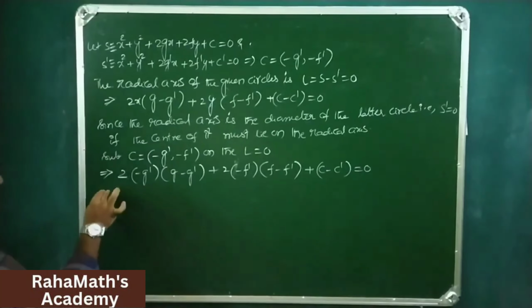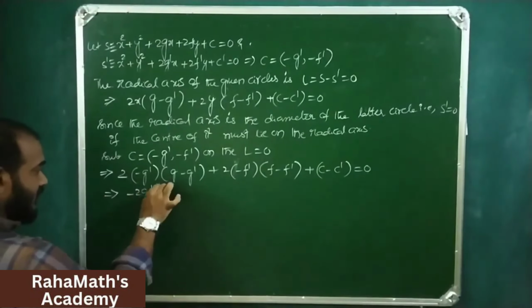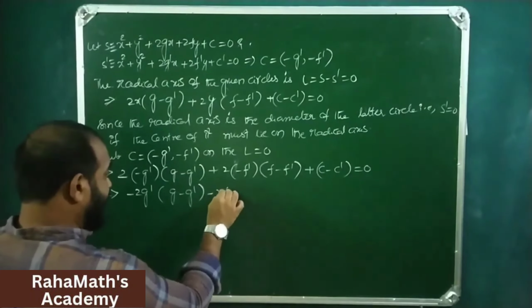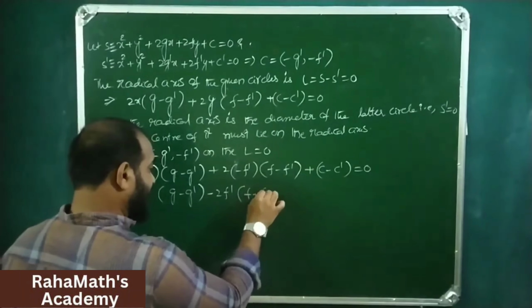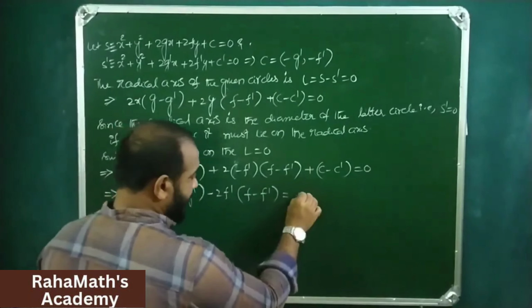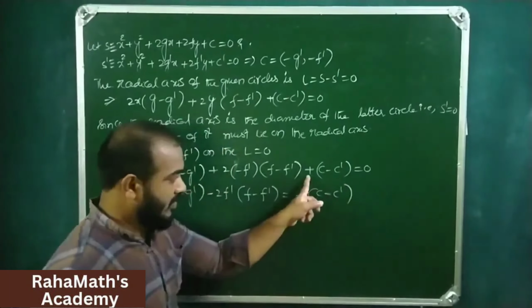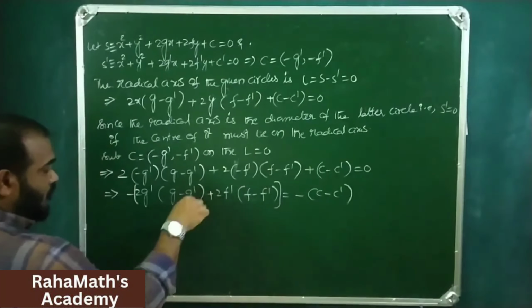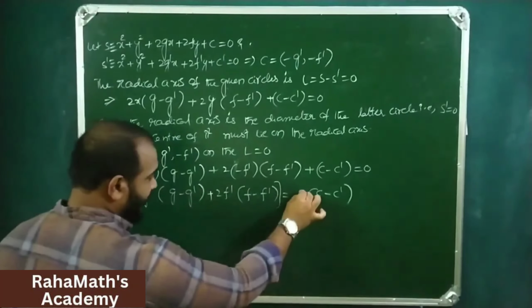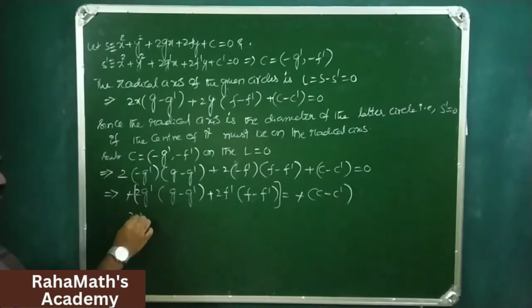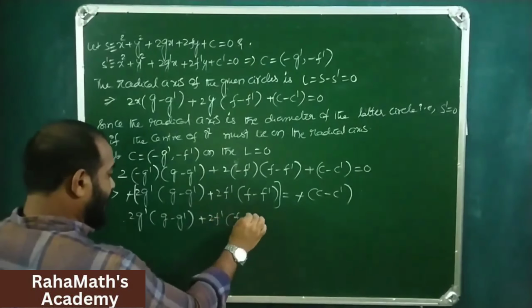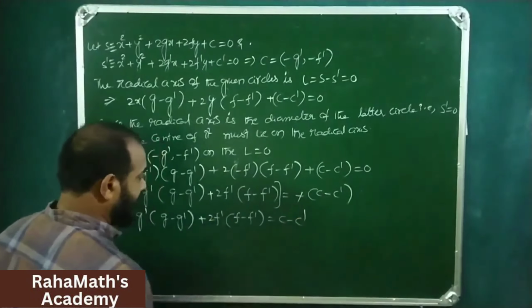This is equal to minus 2g dash into g minus g dash, plus minus 2f dash into f minus f dash, equal to minus of c minus c dash. If I transpose this to the other side and take minus in common, then this will become plus. This and this get cancelled. Therefore, 2g dash into g minus g dash plus 2f dash into f minus f dash is equal to c minus c dash, the required condition.